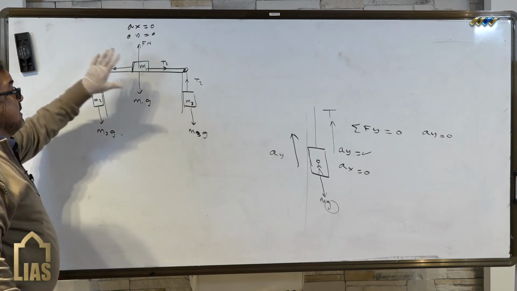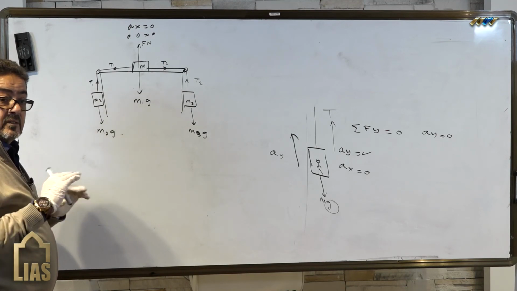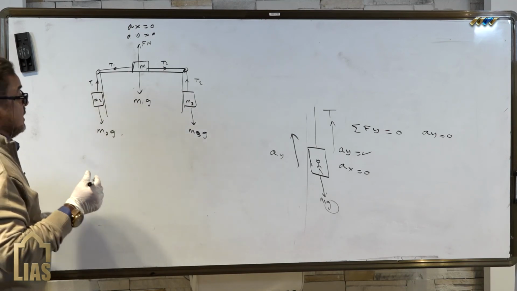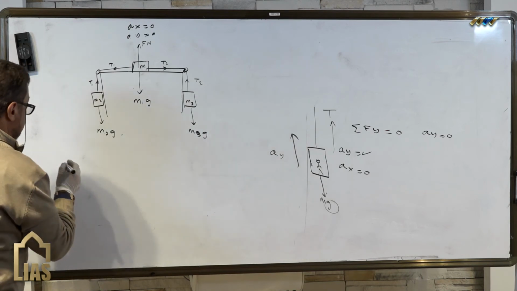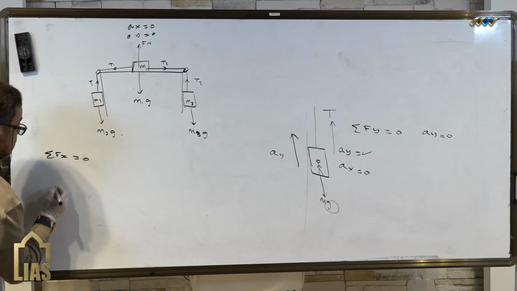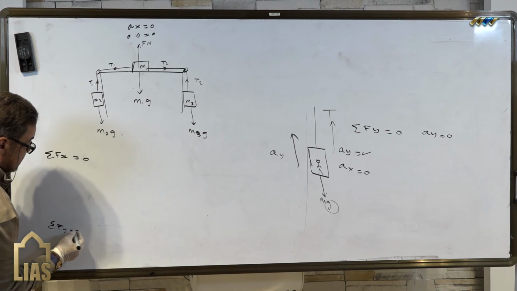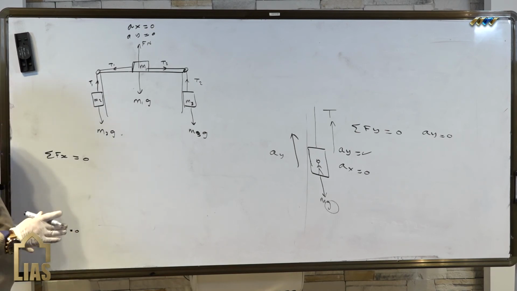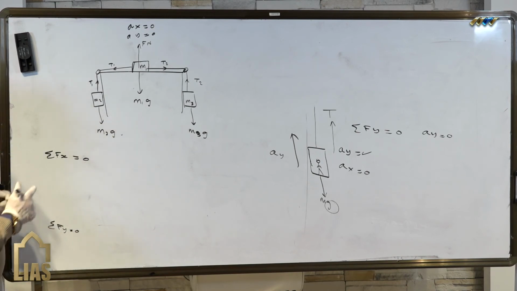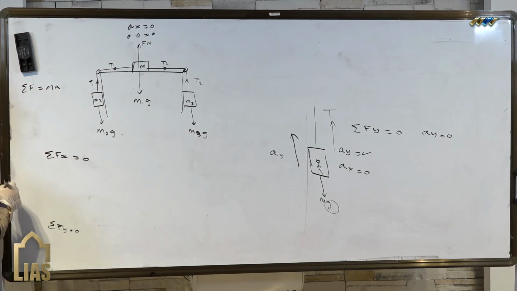Okay? We say that the system is not moving. What we have here, not moving, then sigma fx is equal to 0, the same as sigma fy is equal to 0. Make this like routine. Okay? We'll see that sigma f is equal to ma.